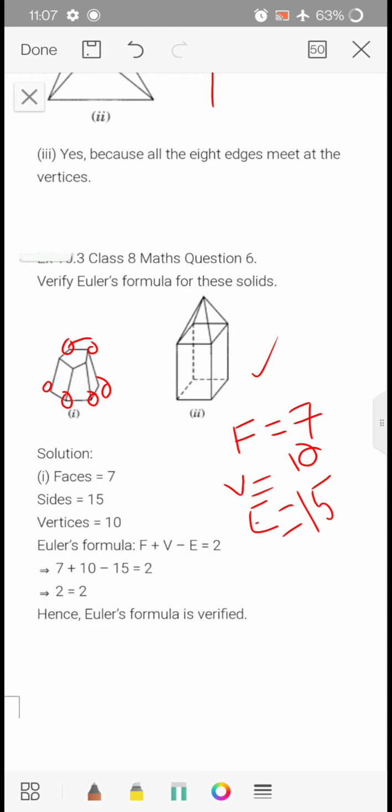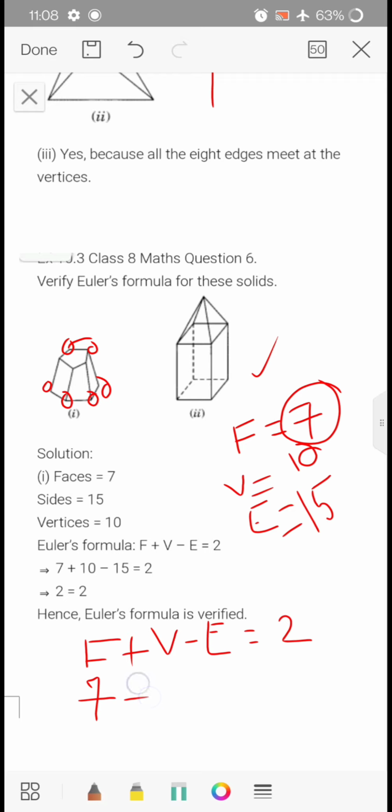So now we have number of faces, number of edges and vertices. So now what is our next step? We will put it in this formula, in the Euler's formula, F plus V minus E is equals to 2. So what is F? It is 7. So I will put here 7. V is 10 and E is 15. Now solve it.